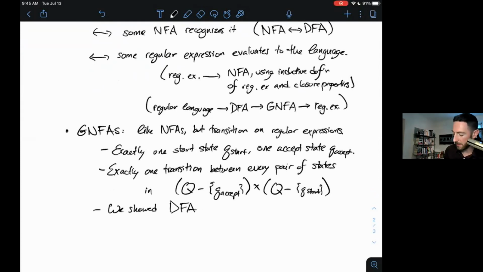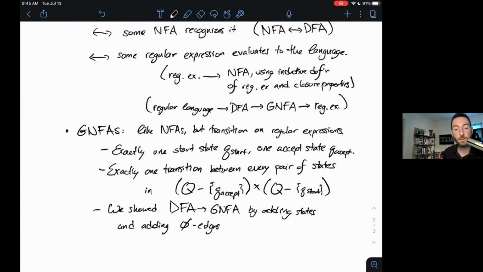We showed how to convert DFAs to GNFAs by adding states and adding null edges. So these are edges where you transition on the empty language. No strings match that regular expression.